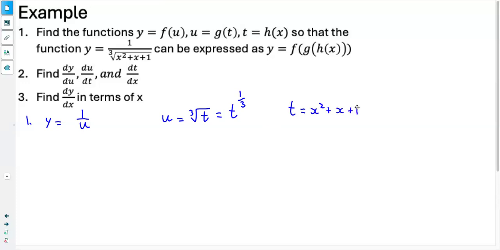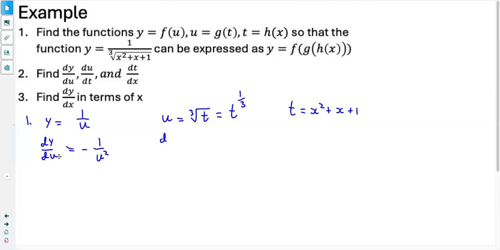Now we want to find the derivatives of each of these. So the derivative of 1 over u is negative 1 over u squared. Sorry, I just realized I wrote the wrong thing down here. It's dy over du, not dx, because we're doing a few.